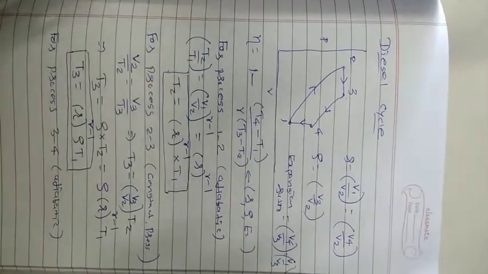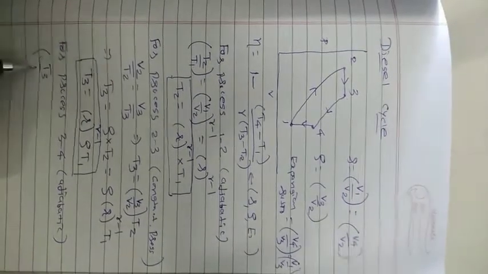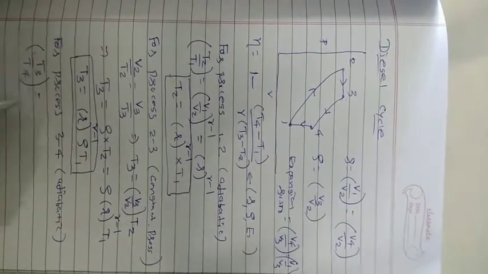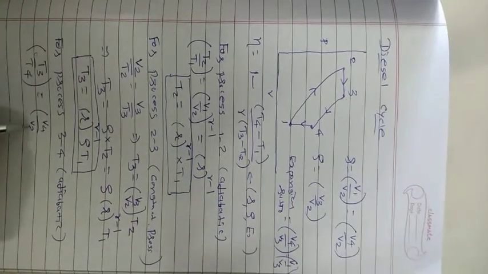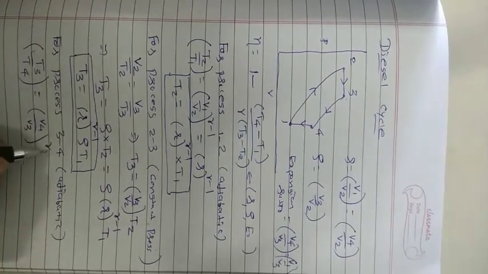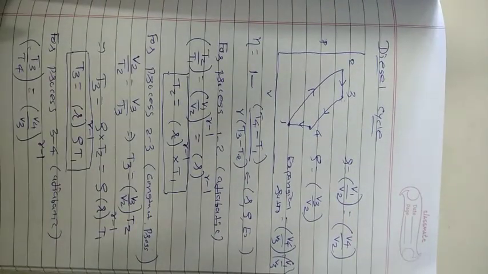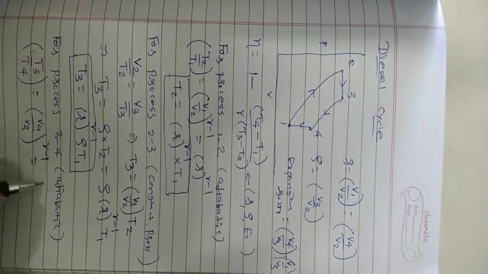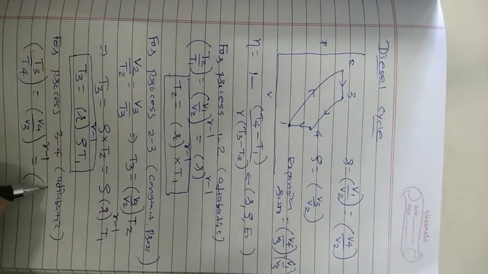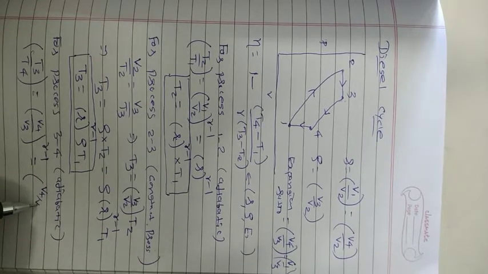Remember here that T3 by T4 is equal to V4 by V3 raised to gamma minus 1. Clear? Now we will convert it like this: V4 by V3.